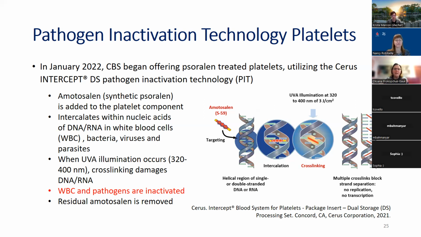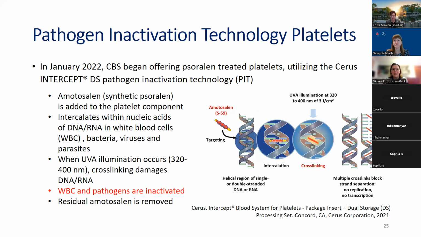So the pathogen inactivated technology, in its initial intent to inactivate viruses and bacteria, also has this benefit of inactivating white cells and essentially functions as a parallel to irradiation in mitigating transfusion-associated graft versus host disease for patients at risk.